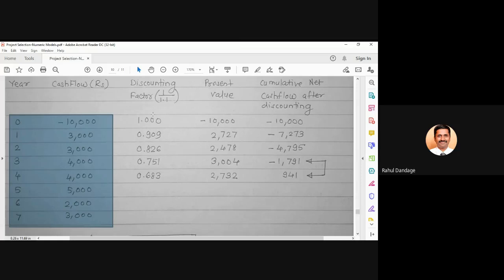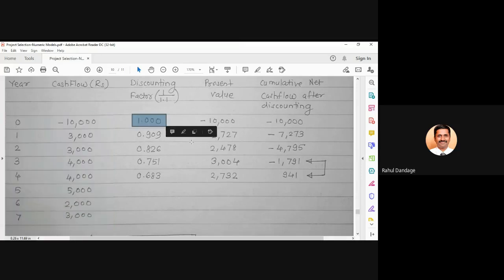So whatever value you have, initially it is 1, then 1 divided by 1.1, then 0.909 divided by 1.1, 0.826 divided by 1.1, and 0.683 divided by 1.1. So likewise, we have to go on calculating. Now, why only up to 4 have they been calculated? We'll come to know.